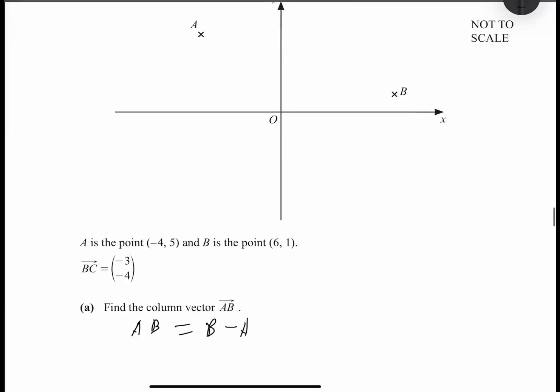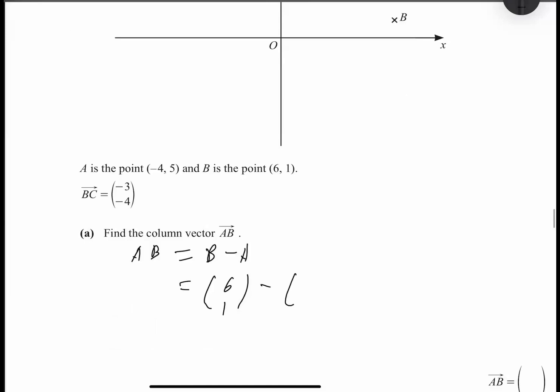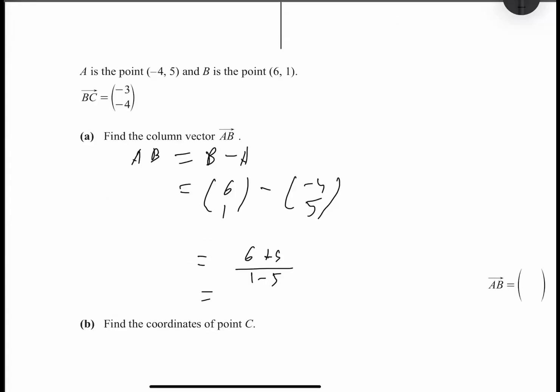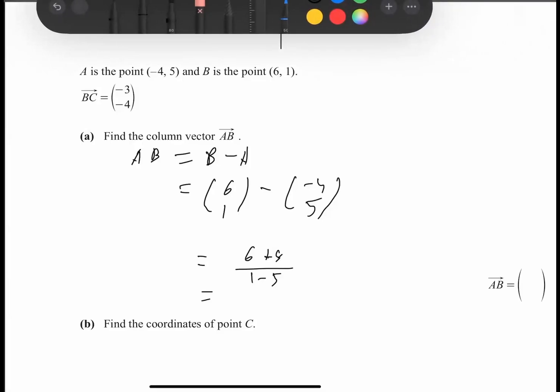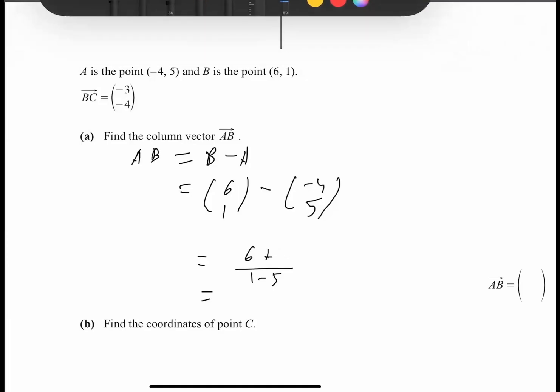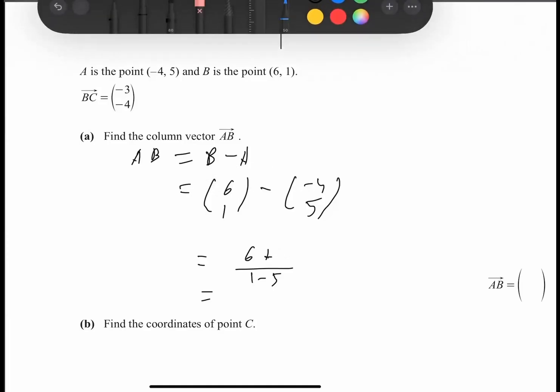So 6 plus 4, since minus minus becomes plus, and 1 minus 5. So 10, minus 4.